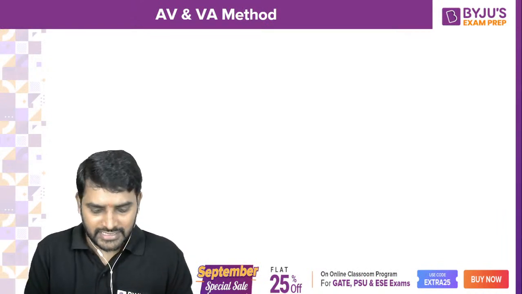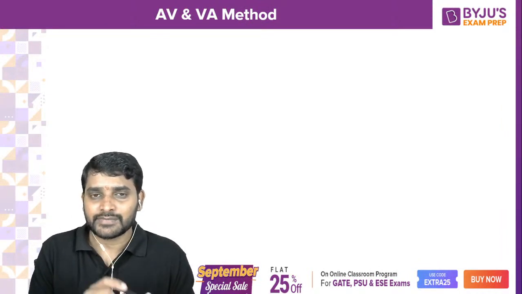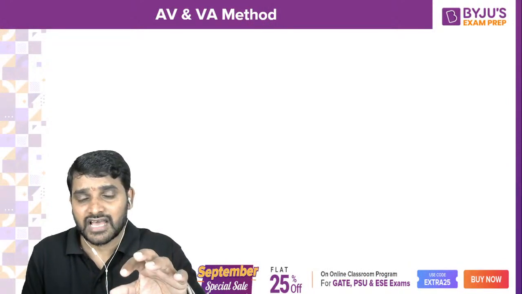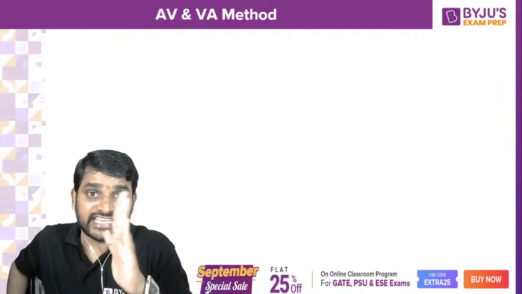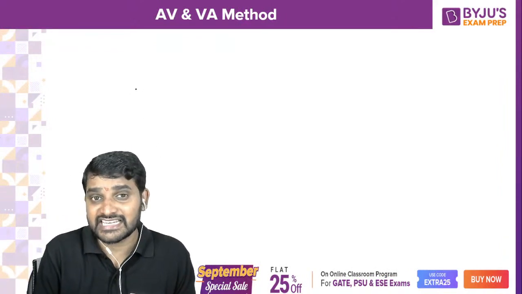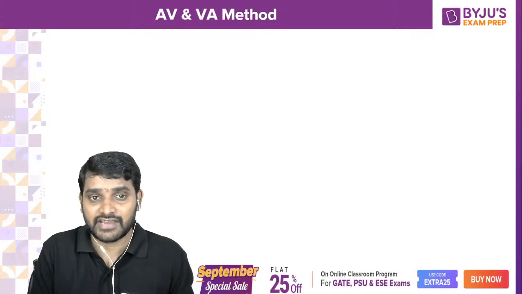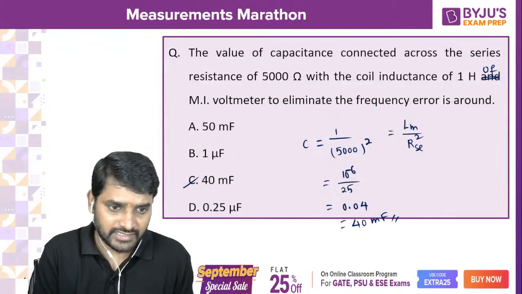And there is another thing you need to remember. There is one beautiful question; actually, I did not take up that one. Remember, moving iron instruments are going to indicate a low value for ascending currents. If the current is increasing, the moving iron instrument will not indicate the same value. Please remember this. I'll write it here, please make a note of this.